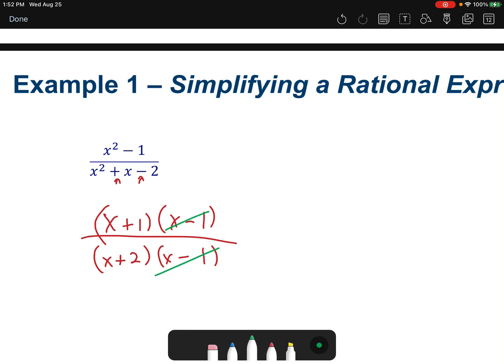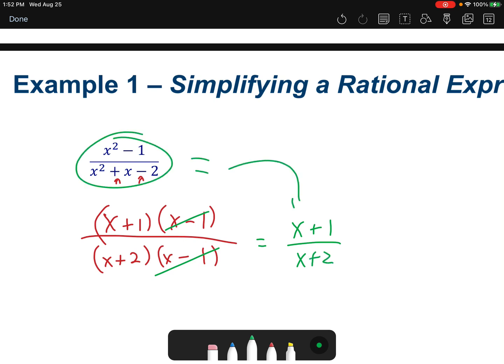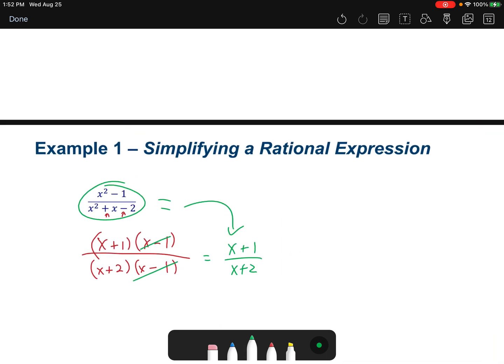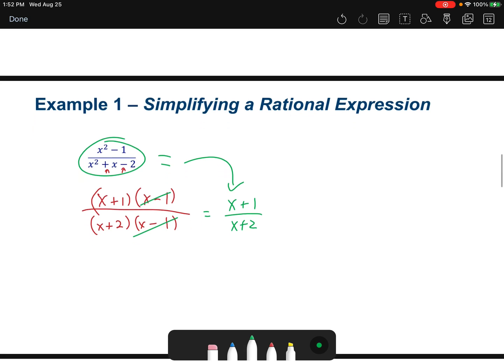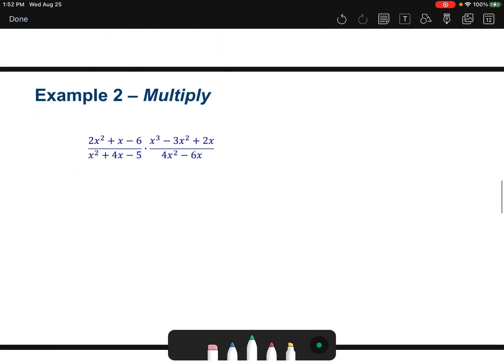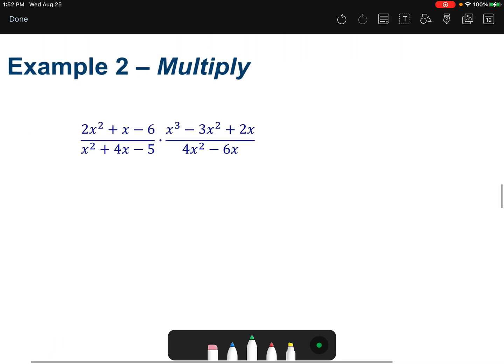And again, we can cancel, and we end up with x plus 1 over x plus 2. So this equals that. Okay, and obviously pause it anytime you need a little more time to digest what we're doing.